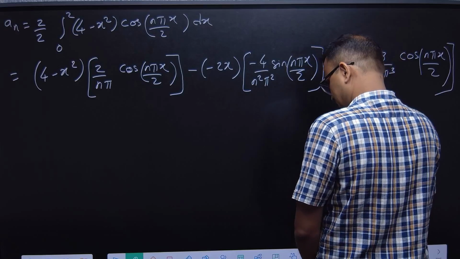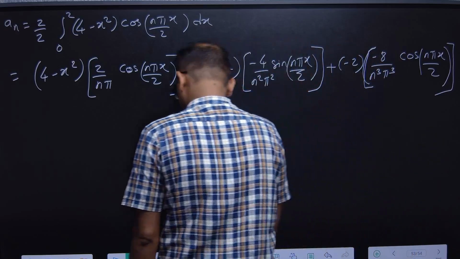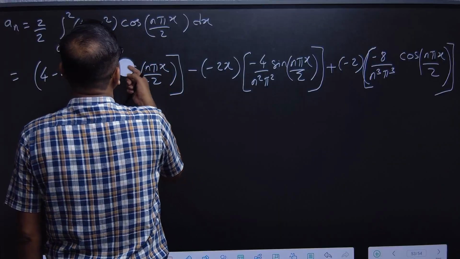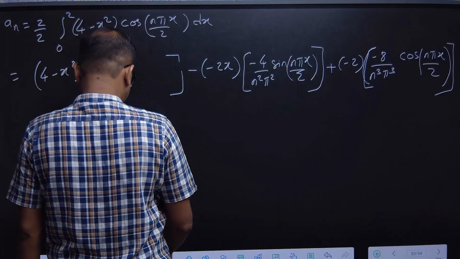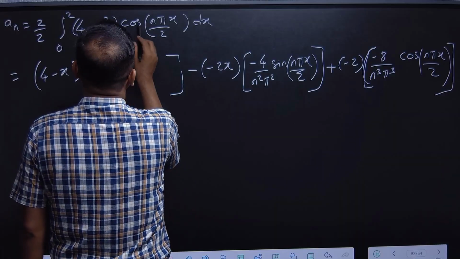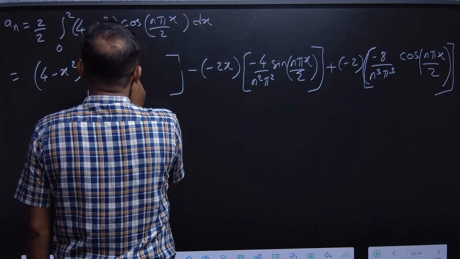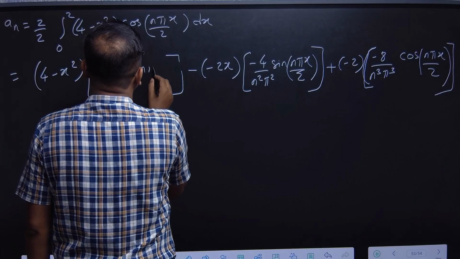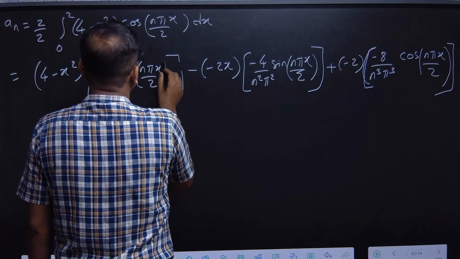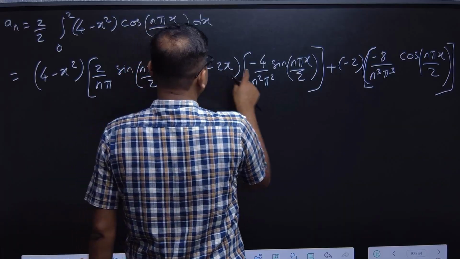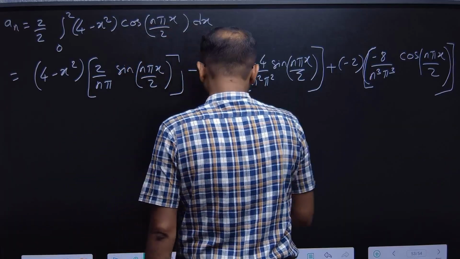Yes, I have made a mistake here. It was sine here. The integration of cos is going to be sine, n pi x upon 2, and the integration of sine is going to be cos. So here I have made a mistake.